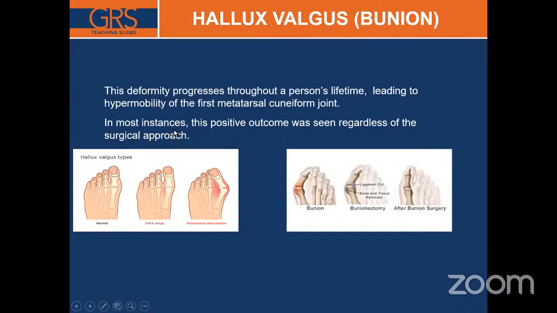In most instances, the most effective treatment is surgery, and there are many kinds of surgery, but the most famous one is the bunionectomy. We take the ligaments as well as part of the bone, and we restore the functionality of the joint. In most instances, a positive outcome was seen regardless of the surgical approach. As we said before, there are many types of surgery to correct a bunion.